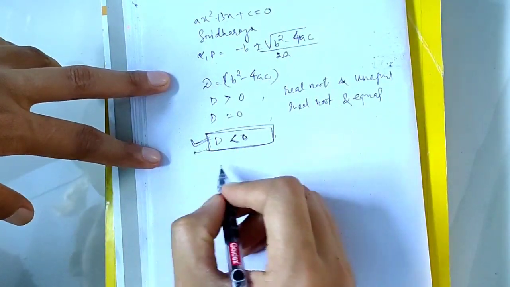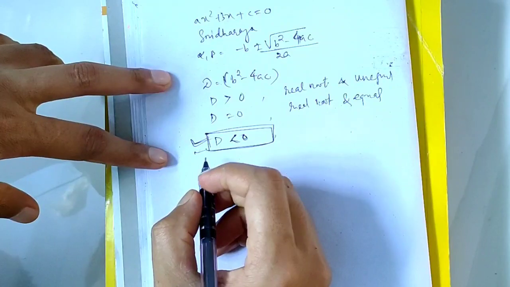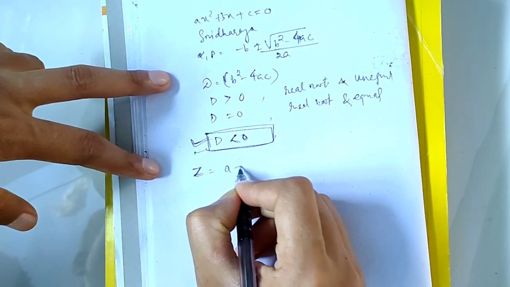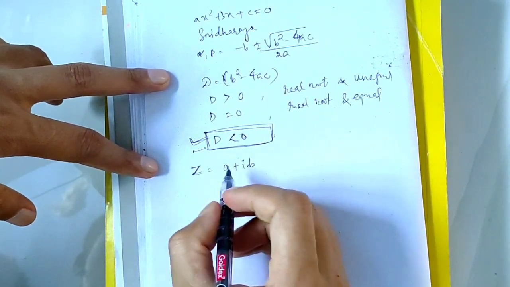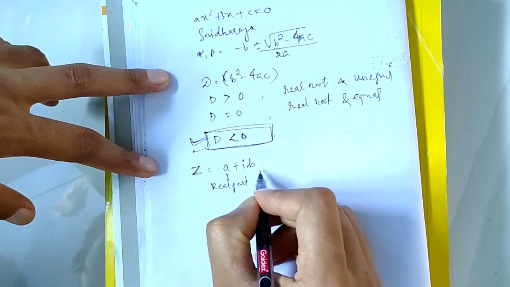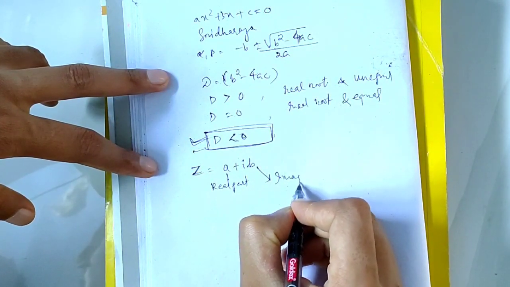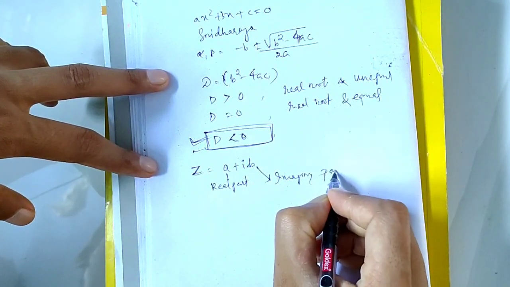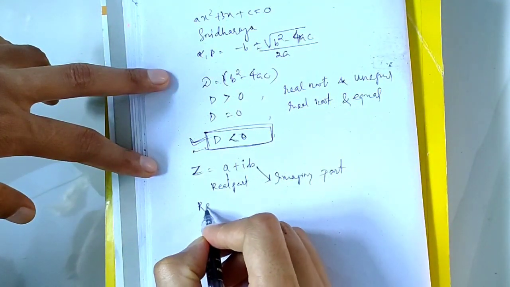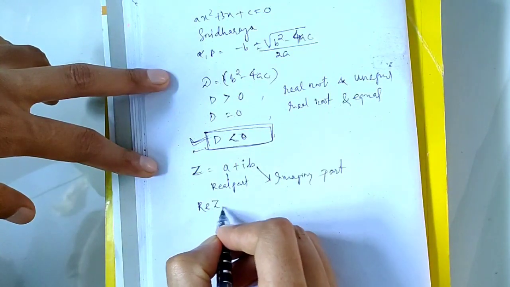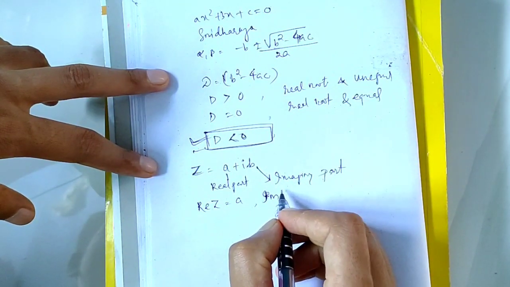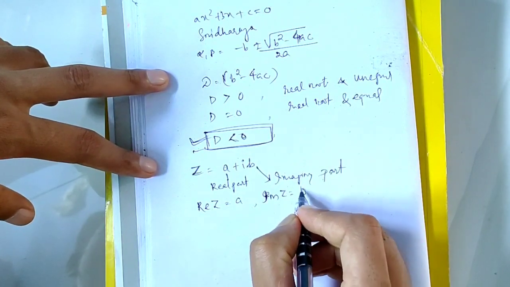Now, a complex number is denoted by z, which is equal to a plus ib, where a is the real part and b is the imaginary part. We can write Re of z equal to a, Im of z equal to b.